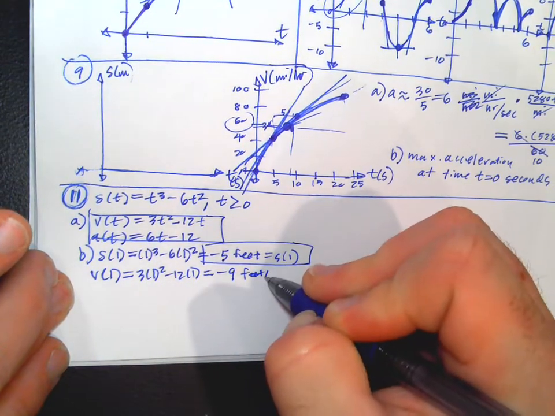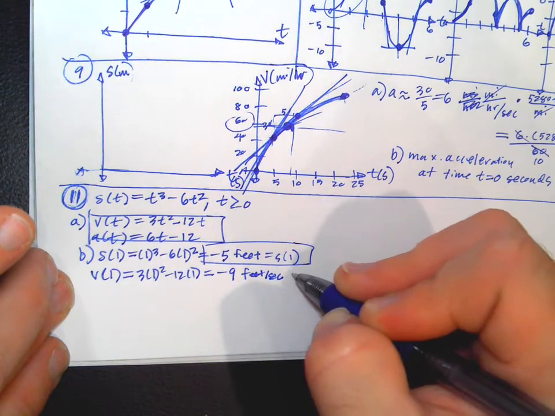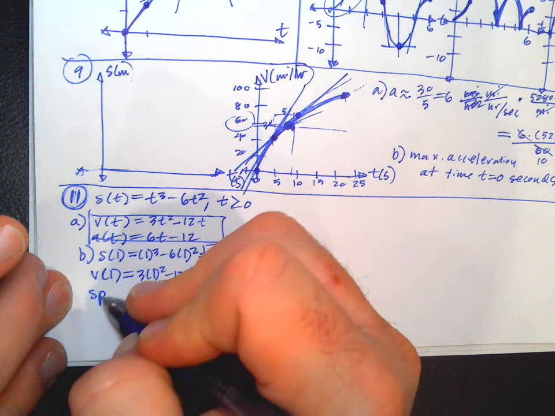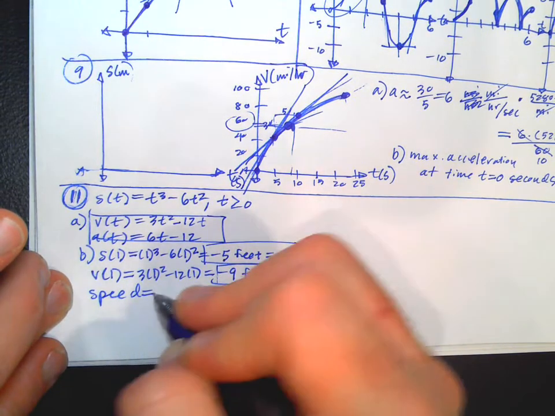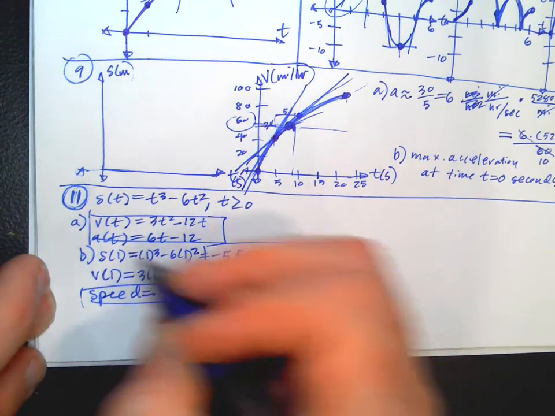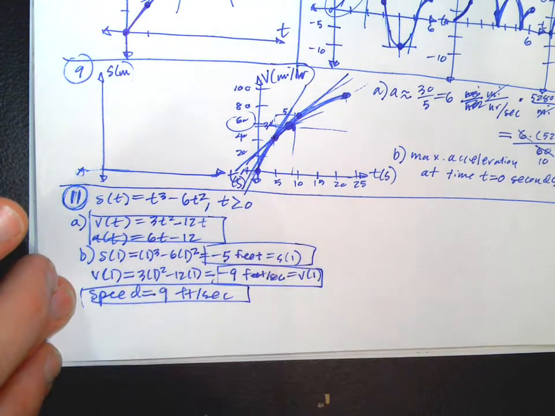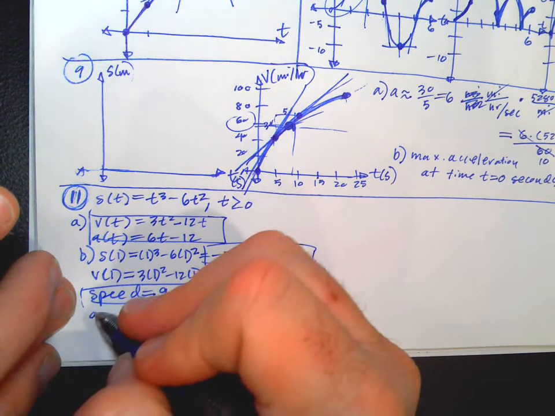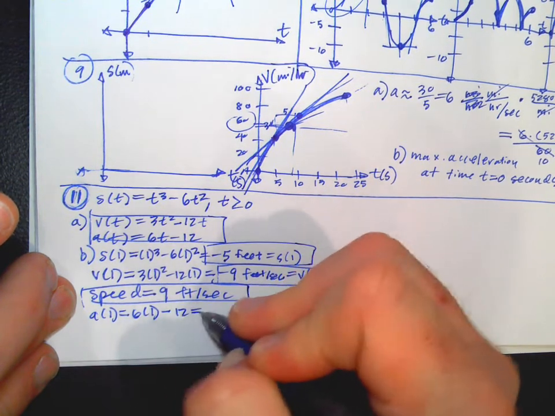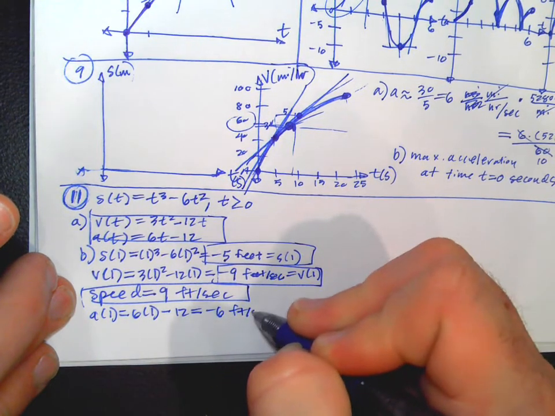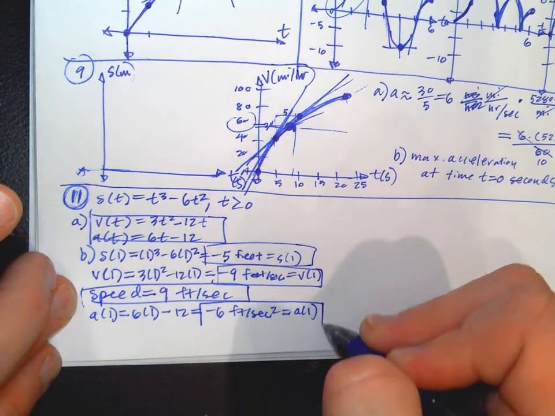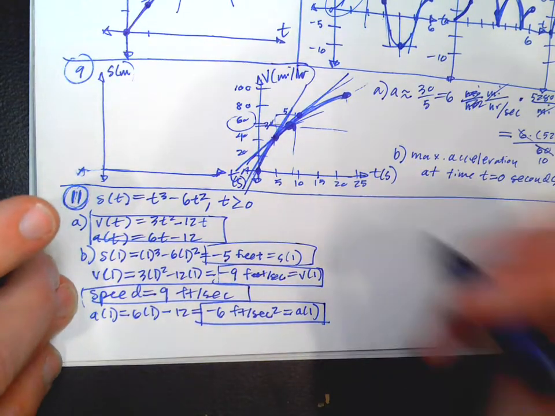We should be using these units. So that's velocity at 1. The speed at time 1 is just the absolute value of velocity, so that's just 9 feet per second, positive. And then the acceleration at time 1, which is going to be in feet per second squared. So there we go. All right, that's B.